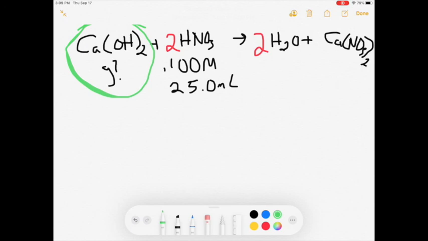So let's use what we have, which is our concentration and volume of acid. Moles per liter, it's the concentration of our acid. Then if I multiply by volume, again, I have to divide by 1,000.